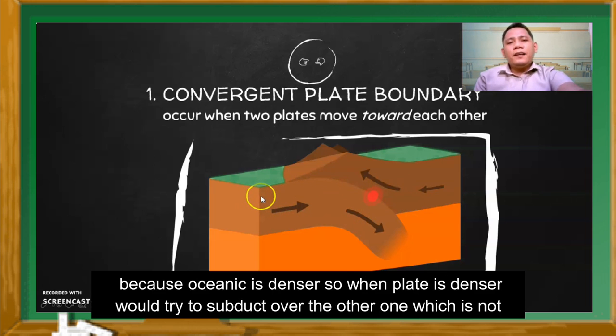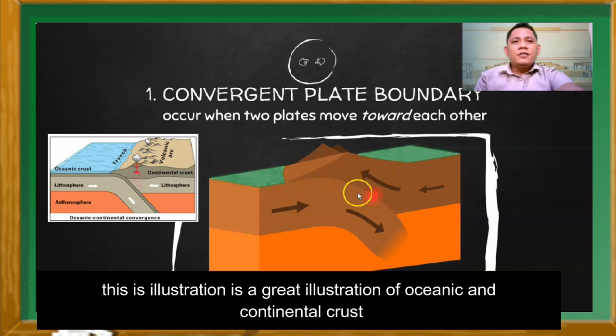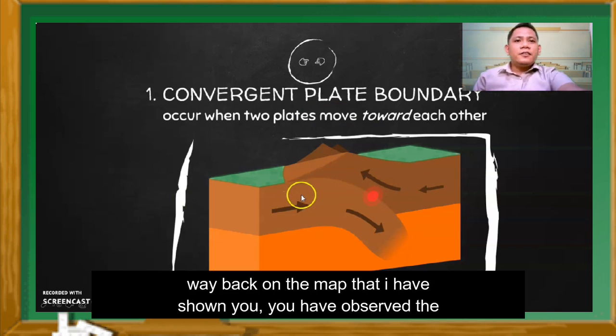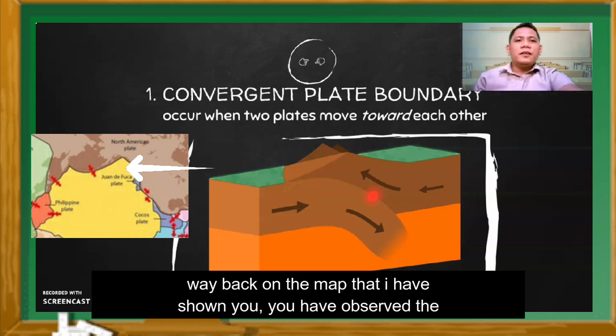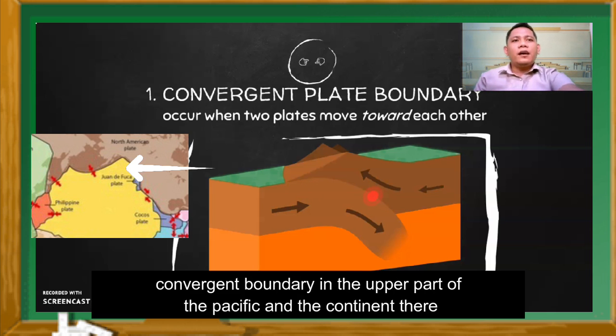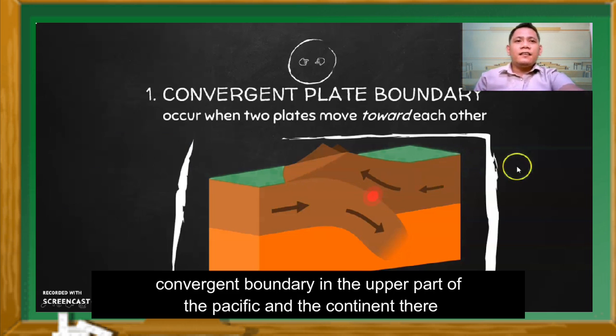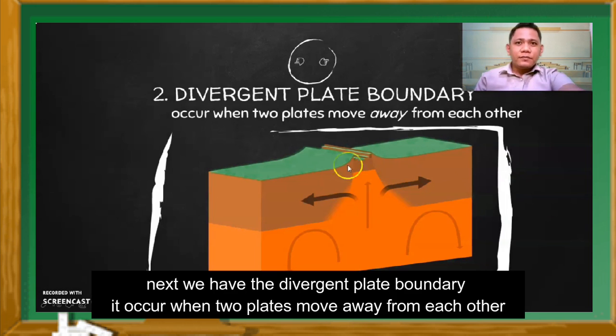So the denser plate would try to subduct under the other one, which is not. This illustration is a good example of oceanic and continental crust. Back on the map that I showed you, you observed a converging boundary in the upper part of the Pacific and the continent next to it.